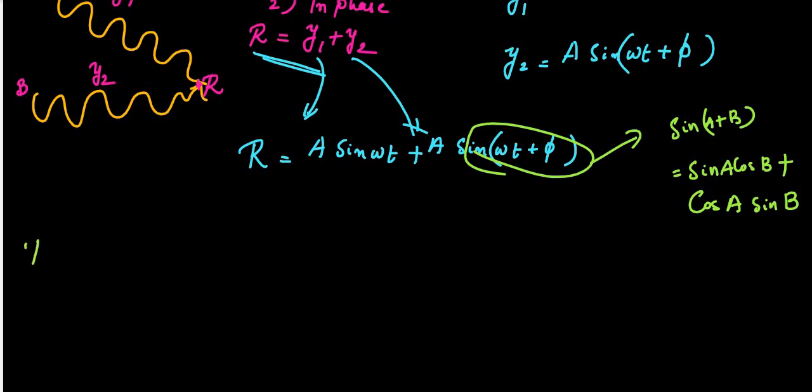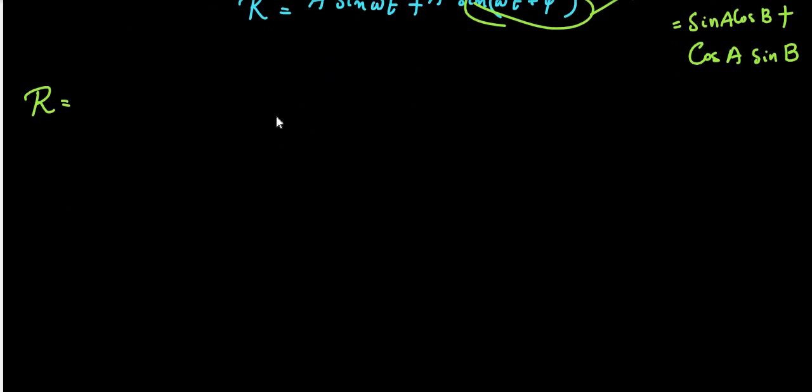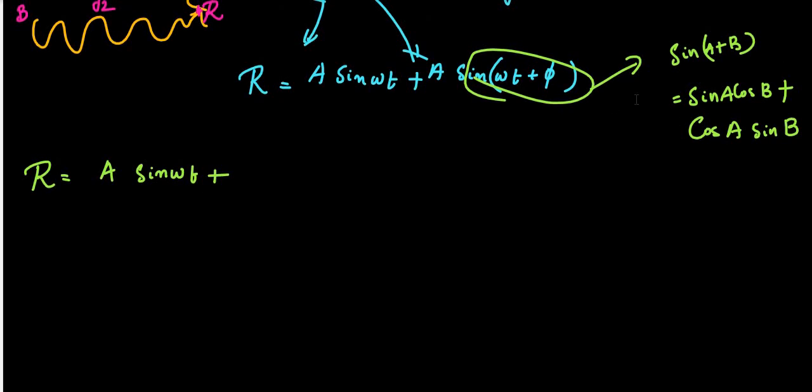So the resultant displacement is equal to y1, which is a sin omega t, plus, instead of a sin(omega t plus phi), I am expanding like this. The equation will become a common sin omega t cos phi plus cos omega t sin phi.